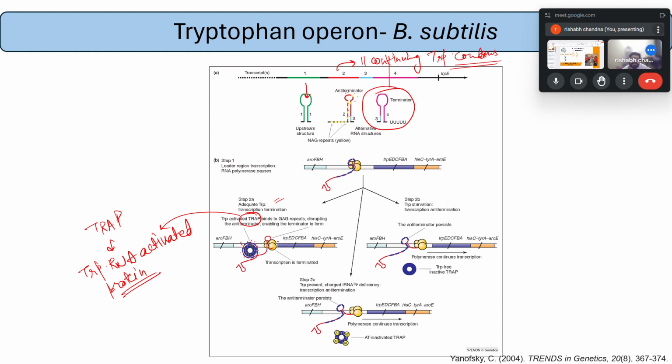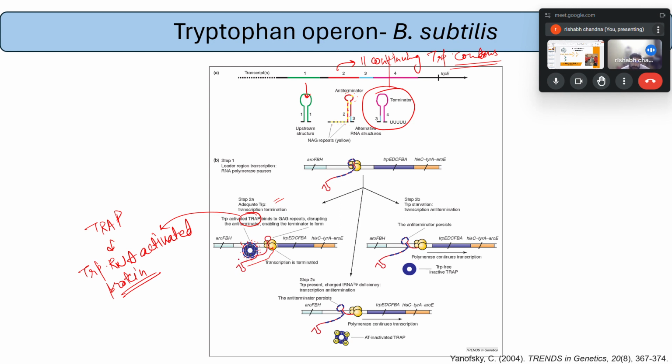So what will happen if the tryptophan is present in adequate quantity? This leader mRNA will have 11 tryptophan codons that will basically bind to each of the subunits of the TRAP protein.